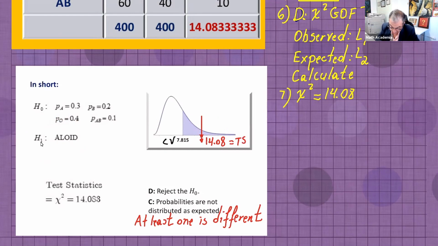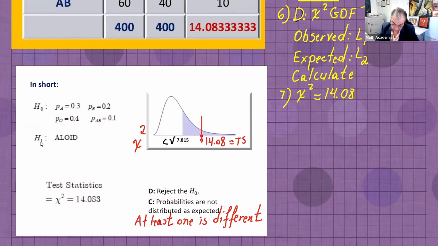And again, they're both chi-squared values. As we noticed, the test statistic now is in the shaded region. So we're going to say reject H0.